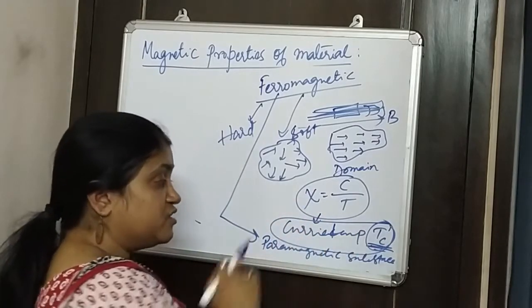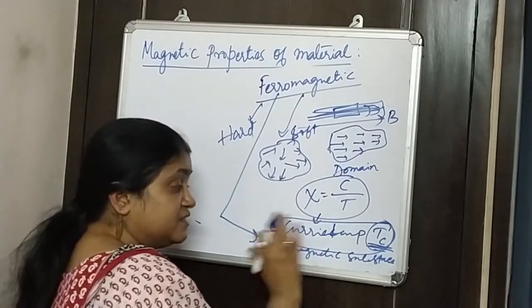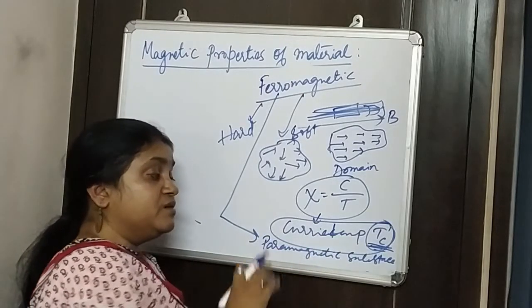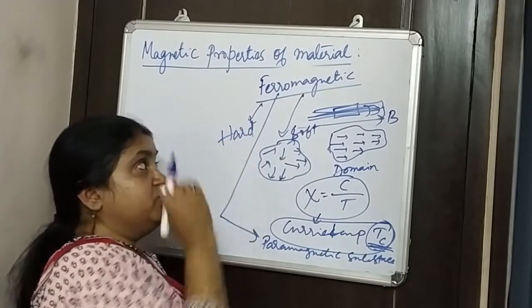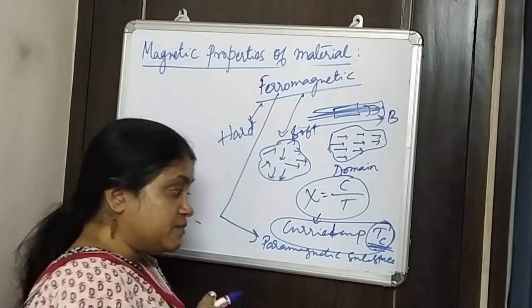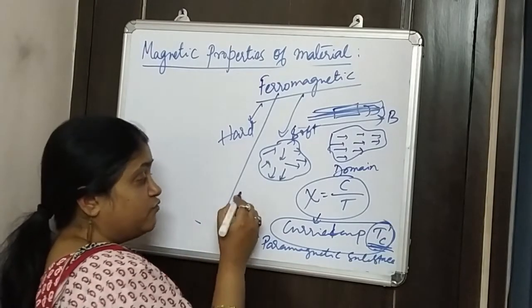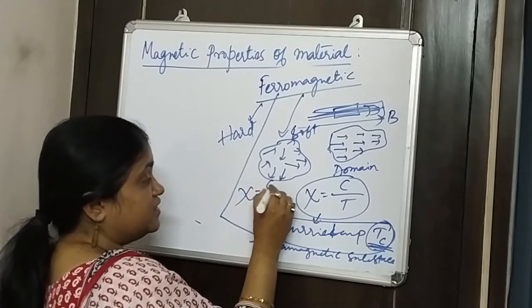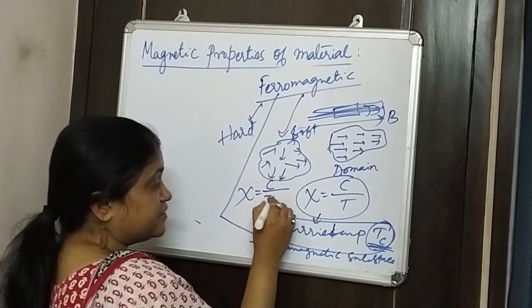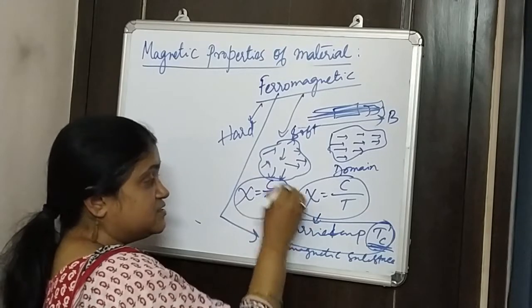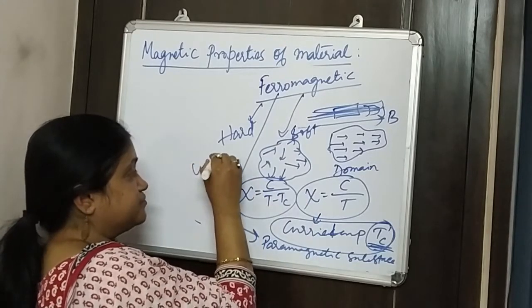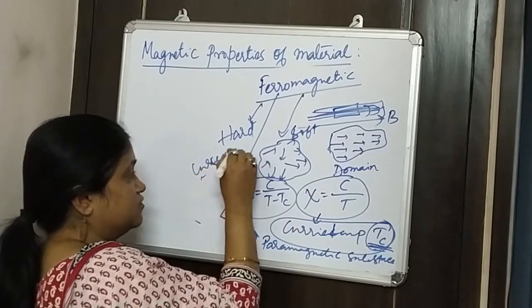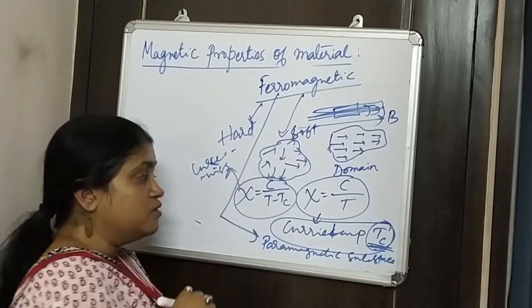And when the Curie temperature is reached, the phase would be a paramagnetic phase of the ferromagnetic substance, and then they would follow a particular rule, which is chi equal to C by T minus Tc. This is called Curie-Weiss law.